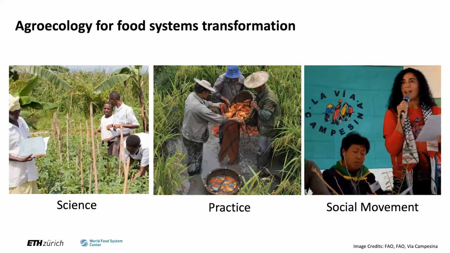And as a social movement, it pursues the multifunctional roles of agricultural and food system, promotes social justice, nurtures identity and culture, and strengthens the economic viability of both rural areas, but also more and more the urban food systems as such. And agroecology approaches favor the use of natural processes by limiting the use of purchased inputs. And that's also the focus of today.